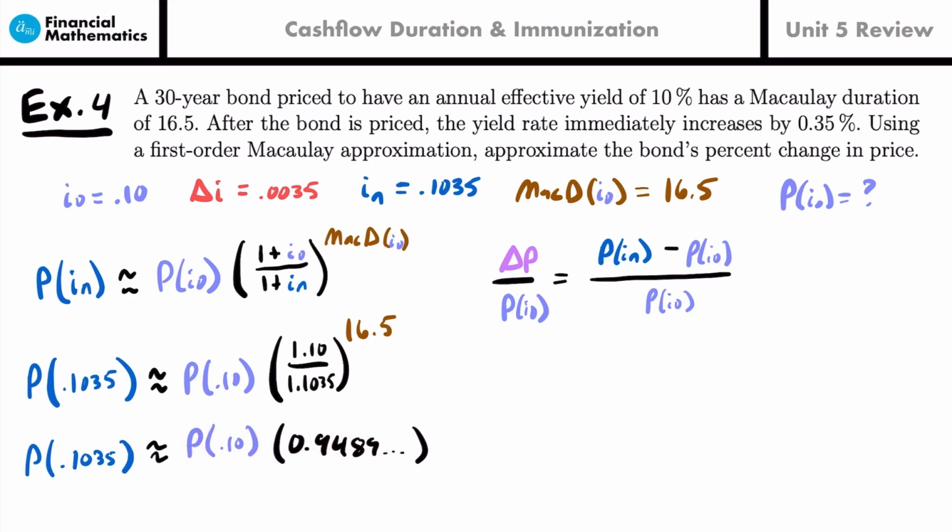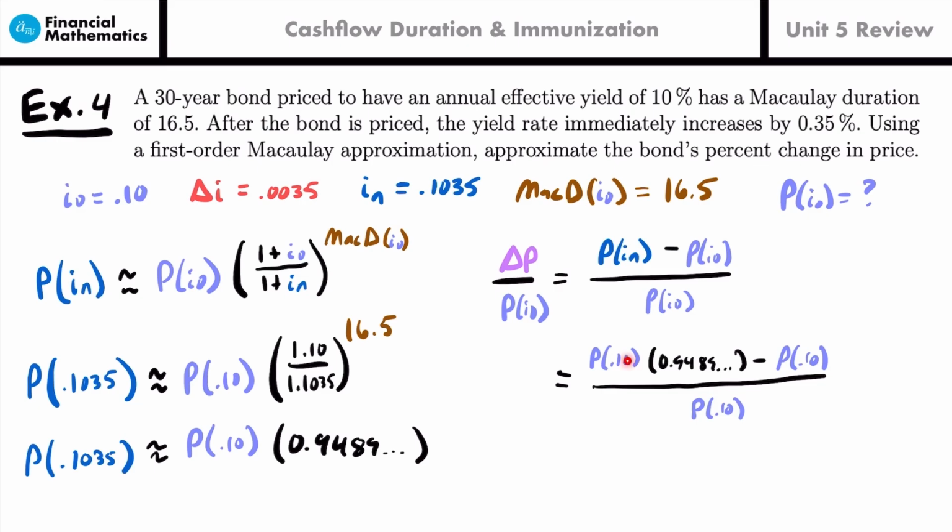Remember that P of 0.10 is the original price of the bond, so that would be the same as these two prices right here. So here's what we have. This will be equal to the original price, P of 0.10, times 0.9489 and some more decimals, minus the original price at 10%, and that will be divided by the original price at 10%.